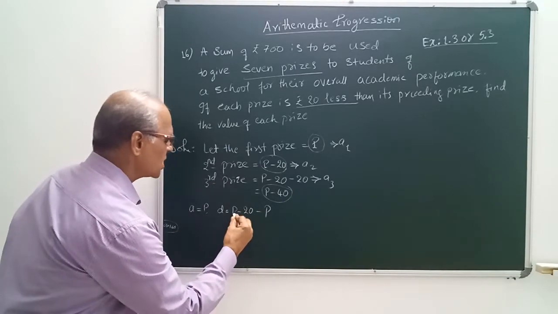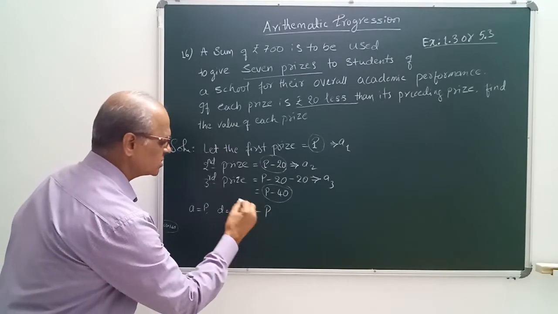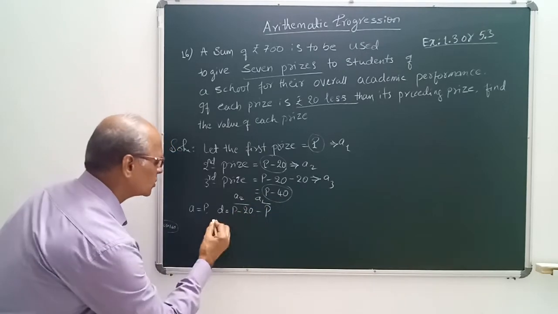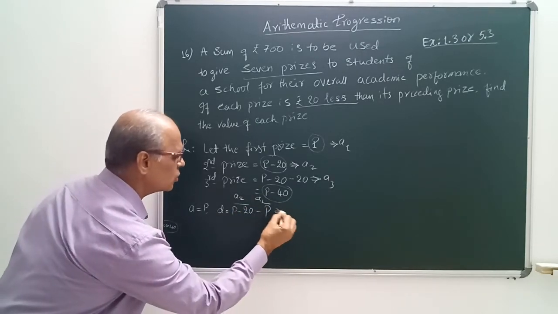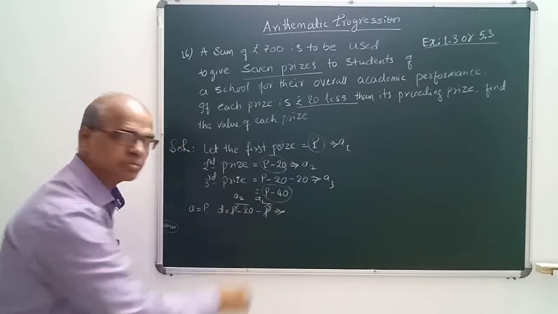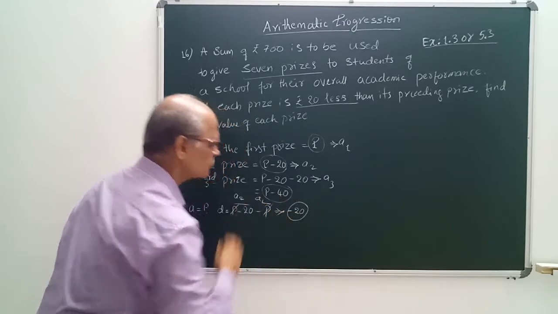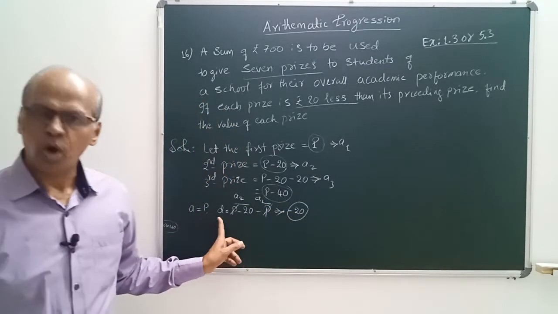So D is equal to P minus P gets cancelled, this is minus 20. So minus 20 is the common difference.